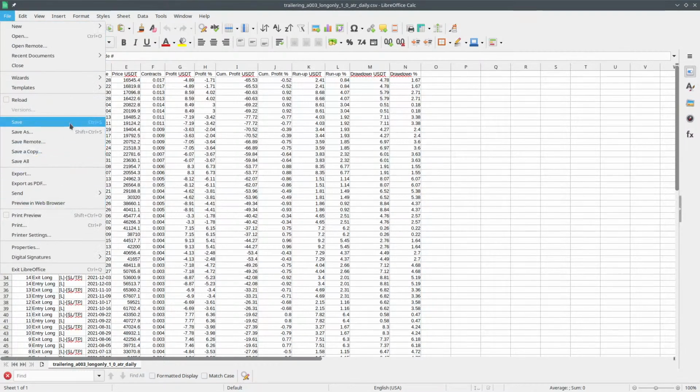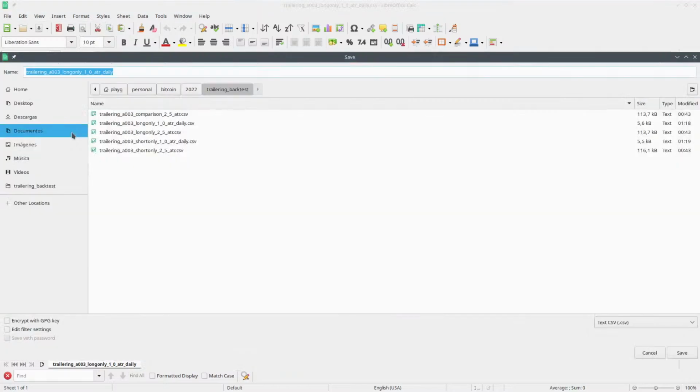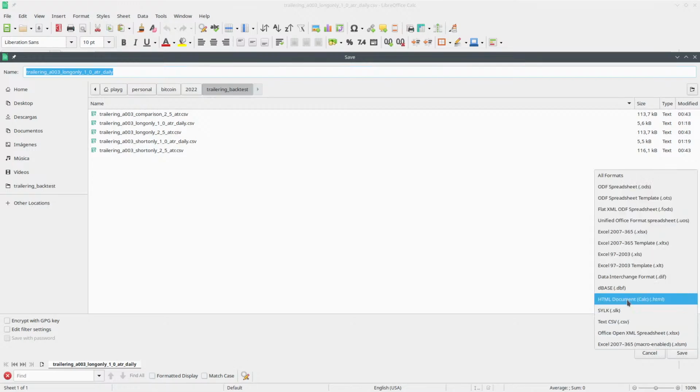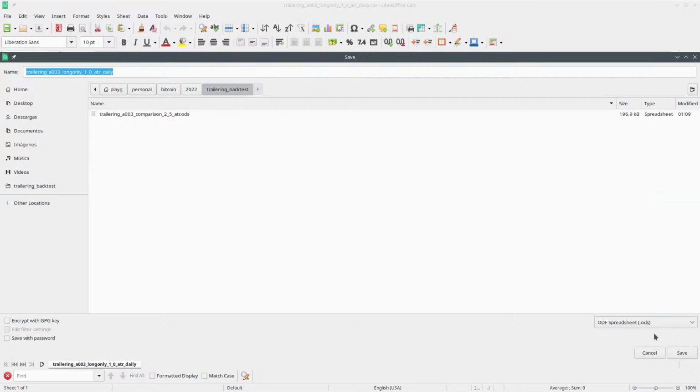So we can save as ODS. So this is going to be a comparison also.